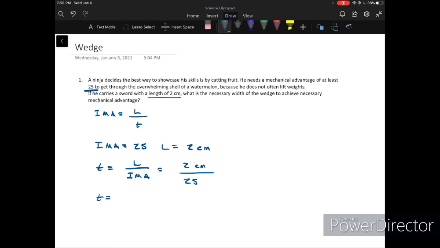From that, we can calculate our thickness to be 0.08 centimeters. A silly example, but a good demonstration of the equation nonetheless.